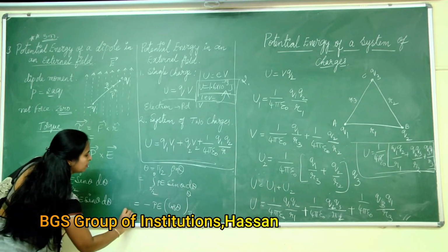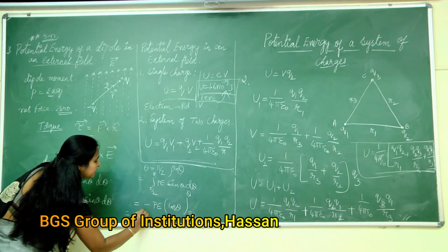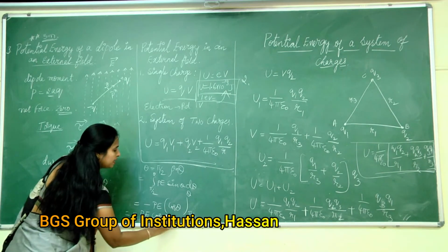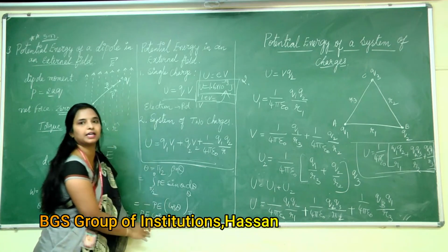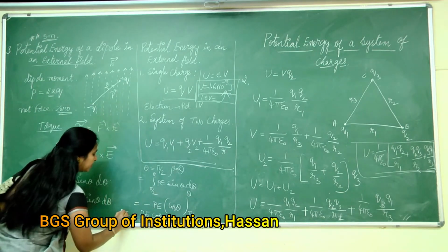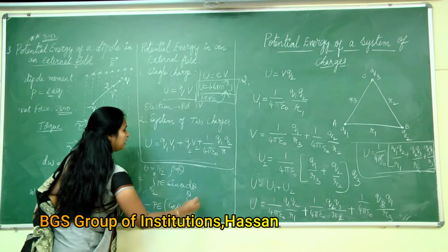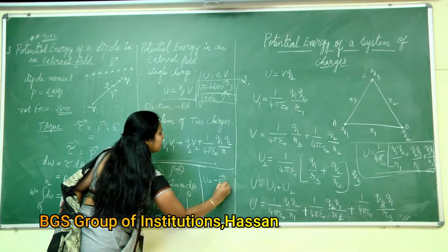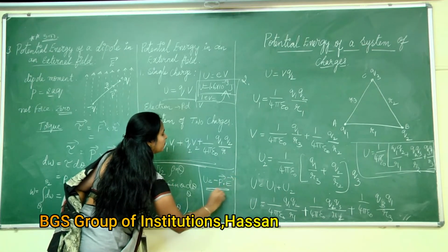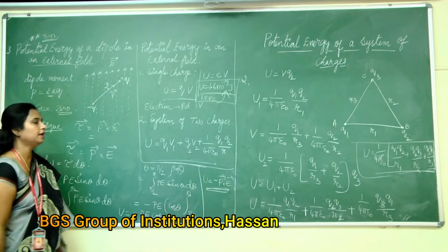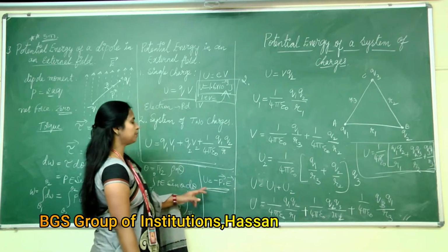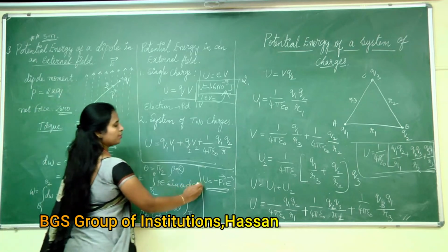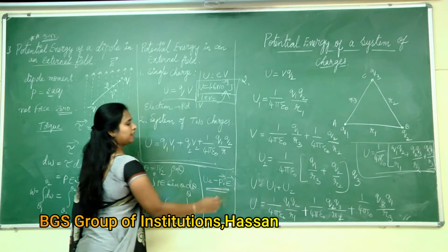Then this is equal to minus P E times cos theta minus cos pi by 2. Cos pi by 2 is 0, so we can neglect it, and finally we arrive at the expression U is equal to minus P dot E. So this is the final expression: the potential energy of a dipole in an external field is U equal to minus P dot E.